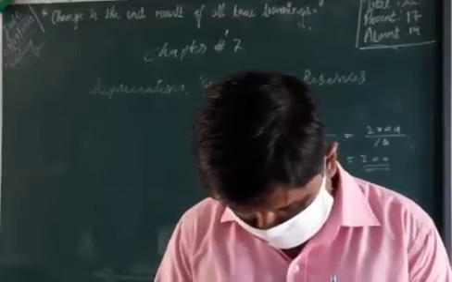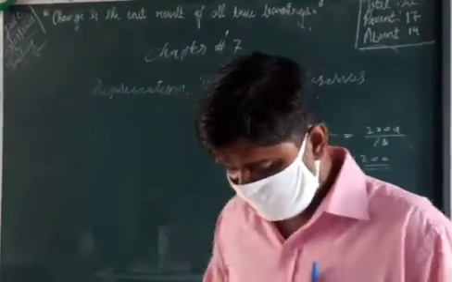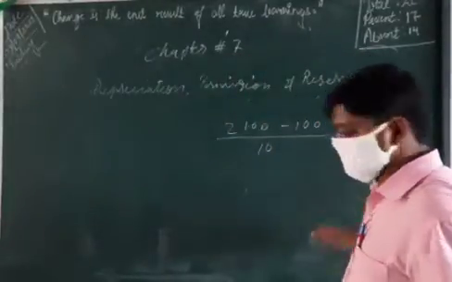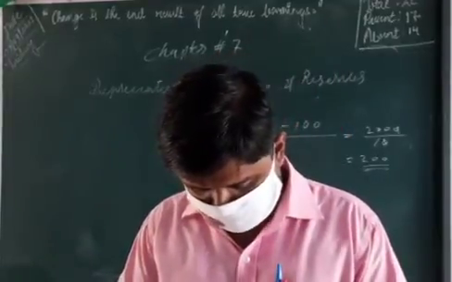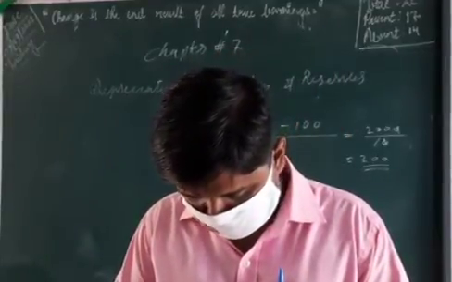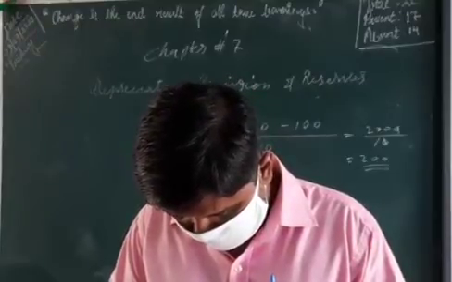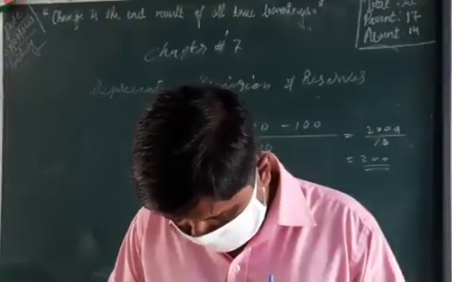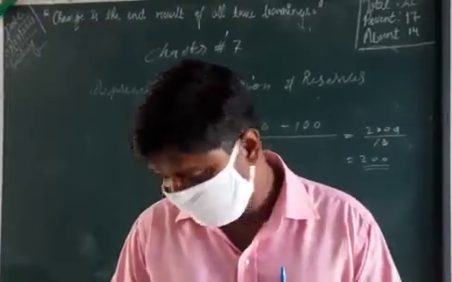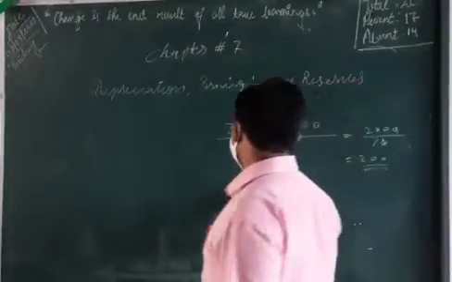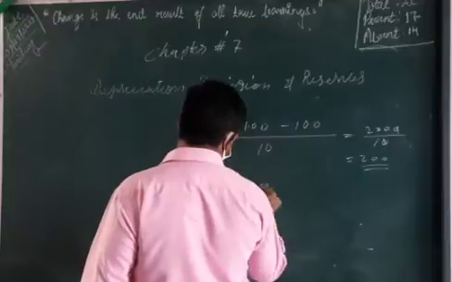And to find out the rate of depreciation, that means up to what rate the depreciation takes place, we can use one more formula: rate of depreciation is equal to annual depreciation amount upon acquisition cost into 100. The annual depreciation amount we got is 200.